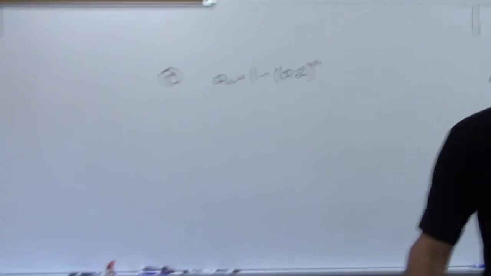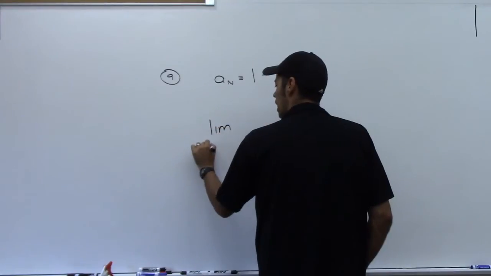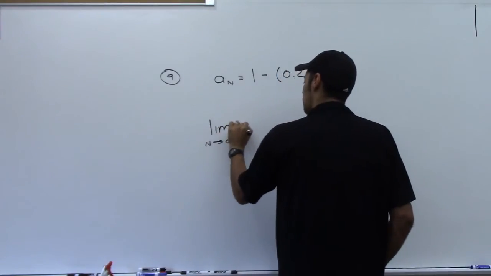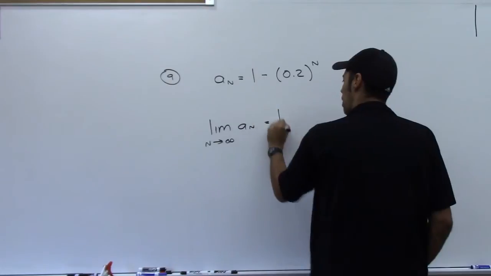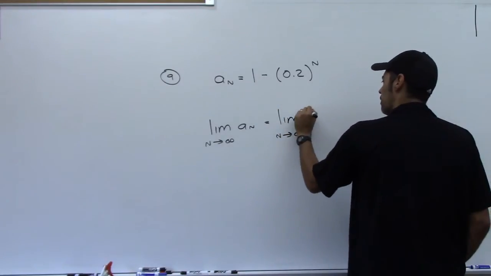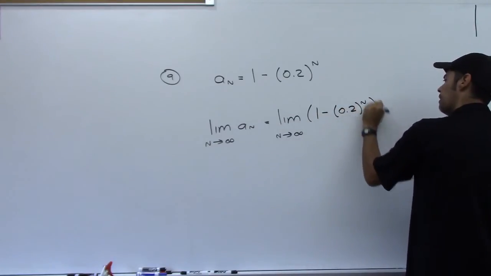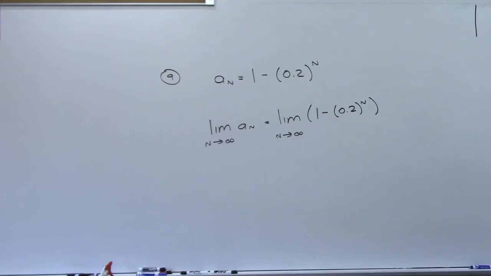So in this, when they say converge, what I'm doing is I'm taking the limit as n goes to infinity of a sub n. So for this problem, it's the limit as n goes to infinity of 1 minus 0.2 to the n. And now just let n go to infinity.